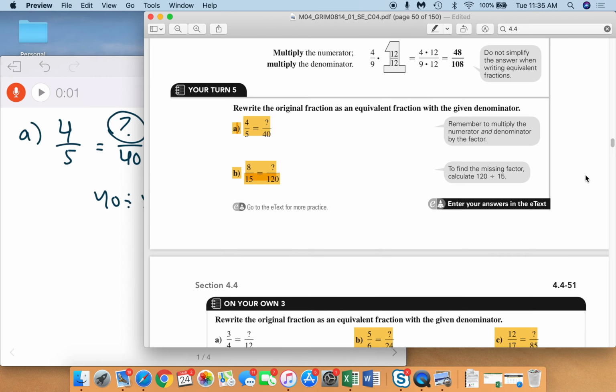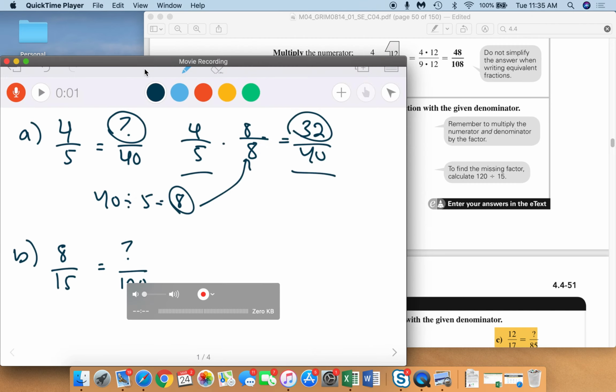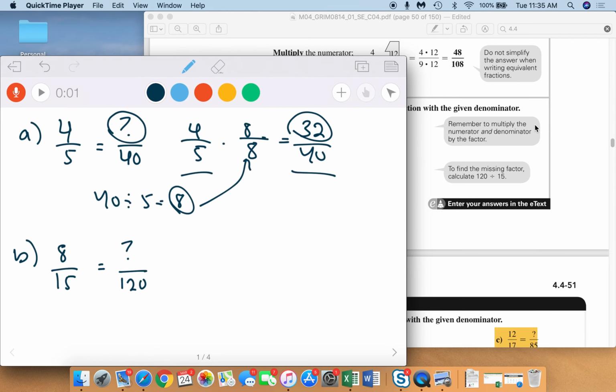All right, let's look at part B. We have 8 over 15 equals question mark over 120. In this one, it's not as easy to see what the factor is, so we can use our calculator. What's 120 divided by 15?